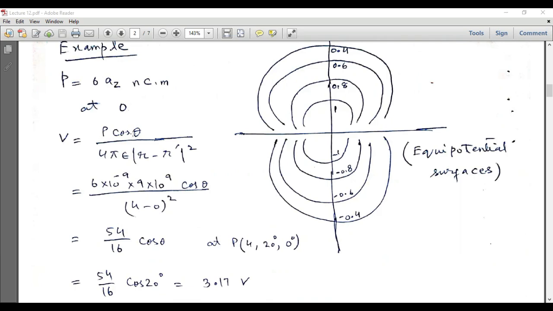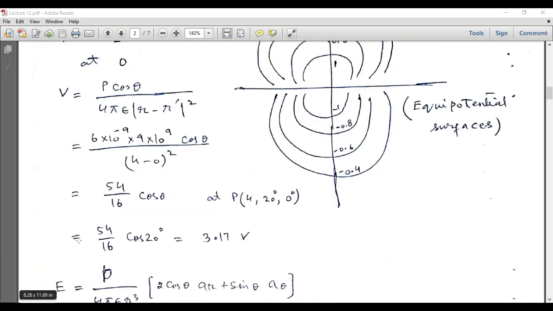So V is equal to p cos theta over 4 pi epsilon magnitude of r minus r dash square, and for the given point r is equal to 4, at which we want to calculate the potential. So all the quantities are known, and potential will be equal to 54 by 16 cos 20 and 3.17.